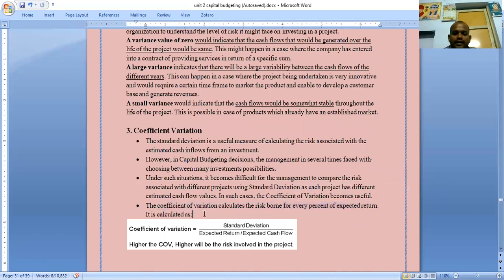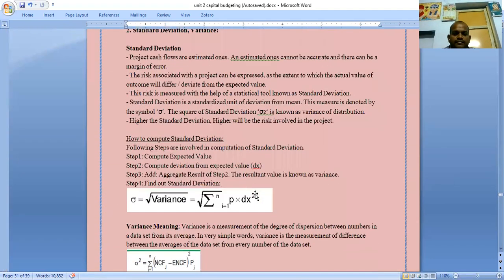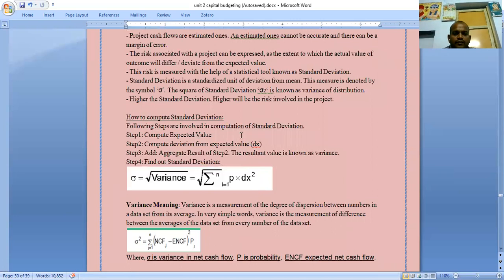It is calculated as coefficient of variation equals standard deviation divided by expected returns, or expected cash flows. So higher the coefficient of variation, higher will be the risk involved, the same as with the standard deviation. Higher the standard deviation, higher will be the risk involved.